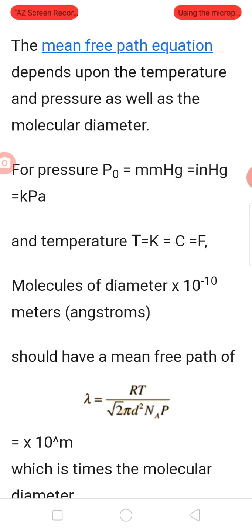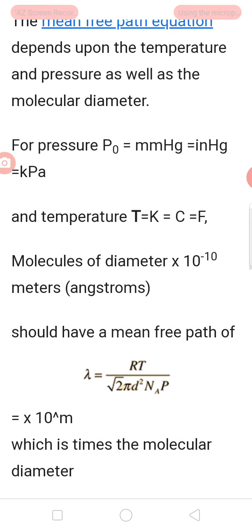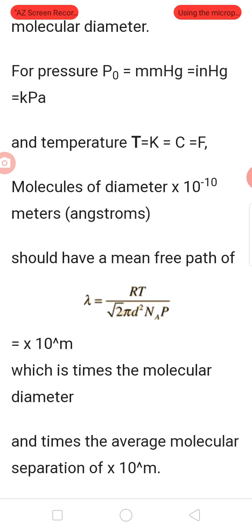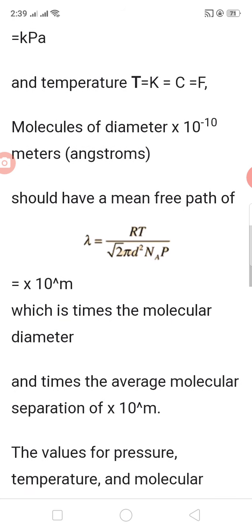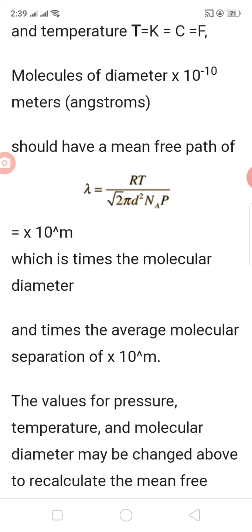The mean free path, represented by lambda, will be equal to RT divided by the square root of 2 pi d square, multiplied by Avogadro number Na and pressure, multiplied by 10 power minus 10 meter to convert into angstrom, which is the molecular diameter, and times the average molecular separation.